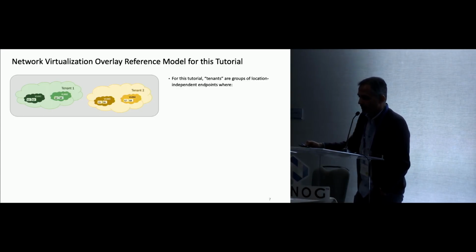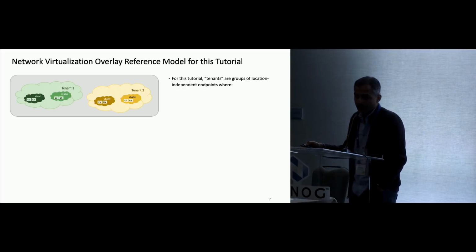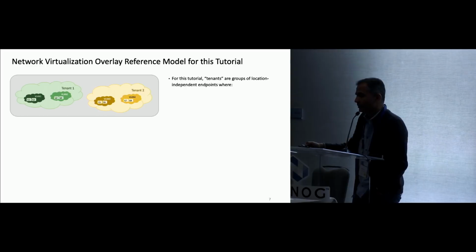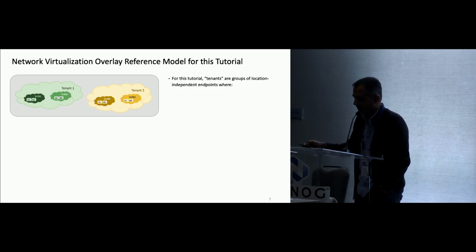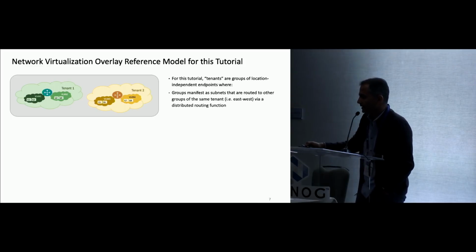All right, so to begin, we need to actually have a reference model, so I'm going to establish one. Basically, for this tutorial, we have this concept of a tenant. A tenant is basically Pepsi, Coke, payroll, engineering. These tenants are composed of groups of location-independent endpoints.